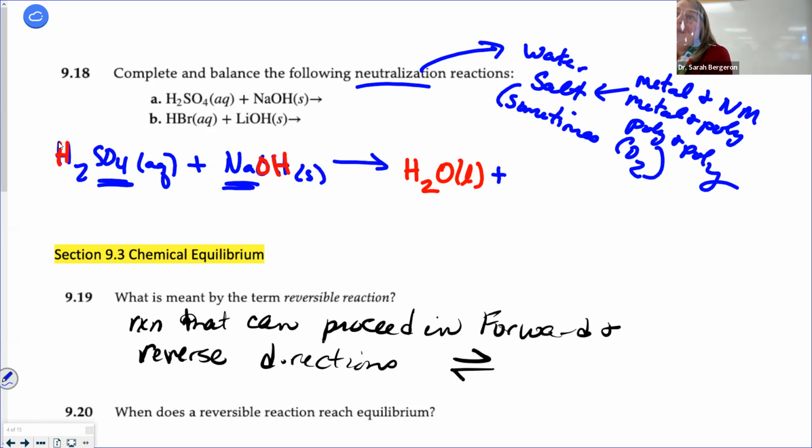What's the metal? Na or SO4? Na. Sodium is the metal, okay? Now, SO4. Can I just write NaSO4? Why not? Get your best friend out. Go find your polyatomic ion of SO4.